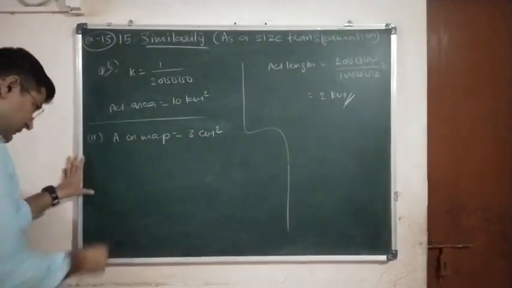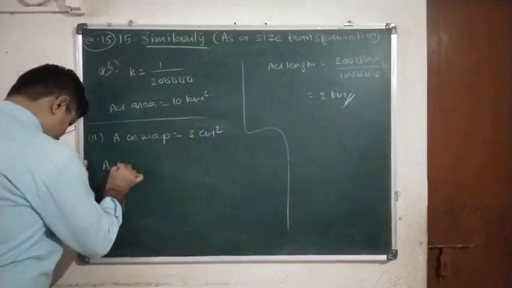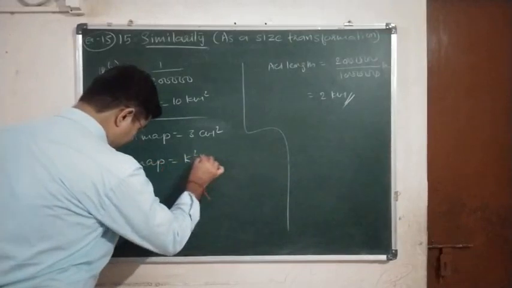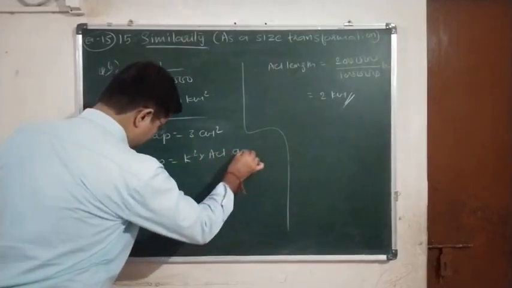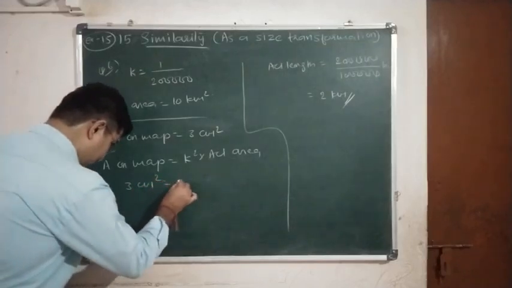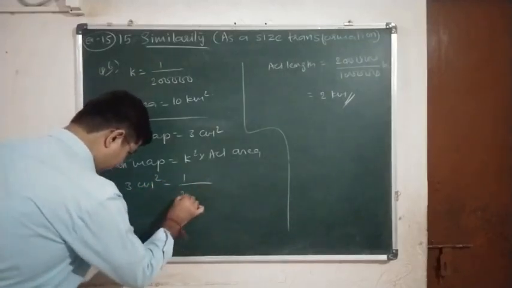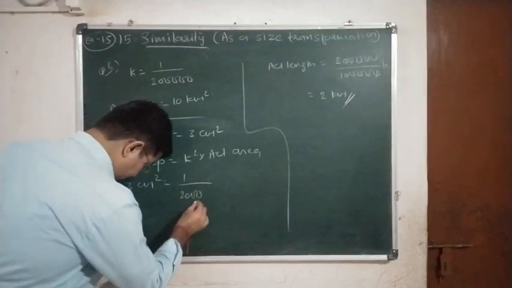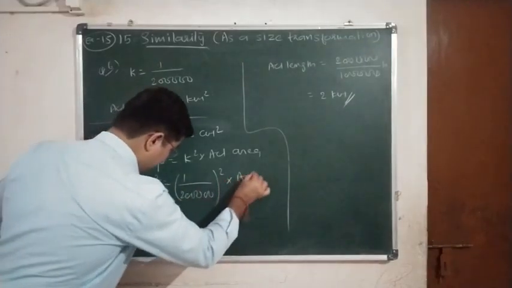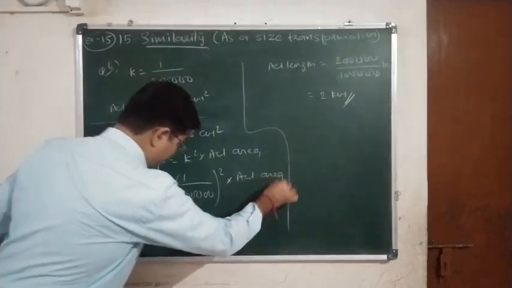So again the same formula, area on map is equal to K square into actual area. Area on map is 3 square centimeter is equal to K square, that is (1/2 lakh) square into actual area.